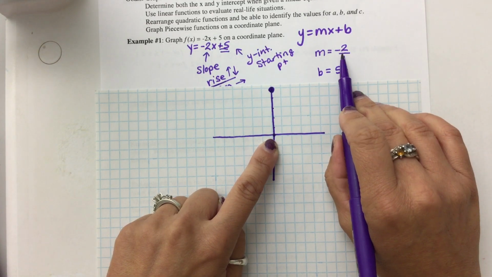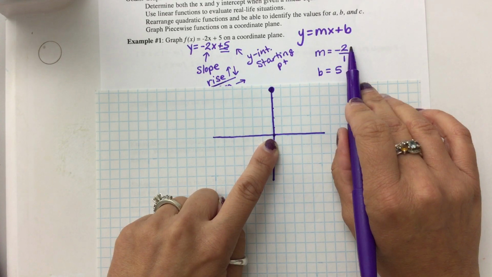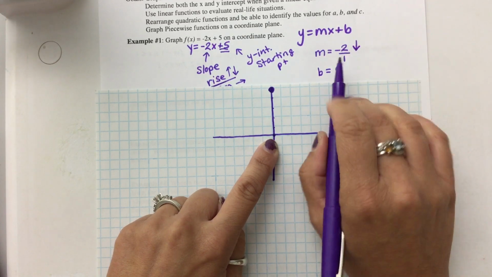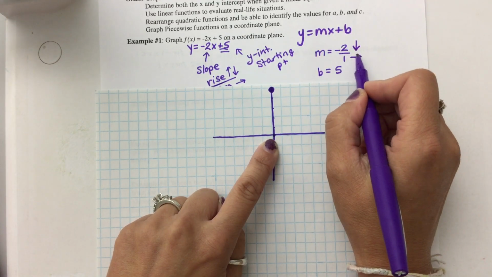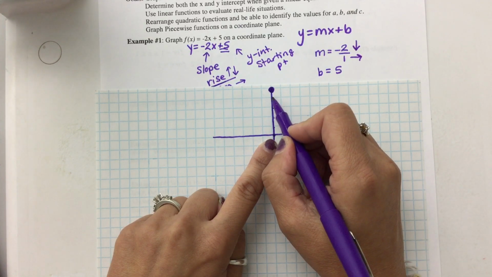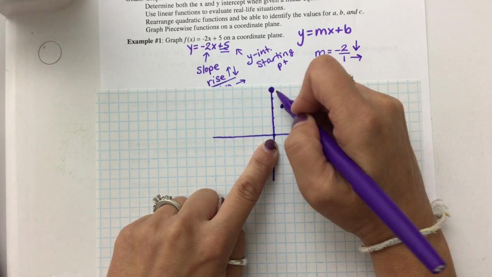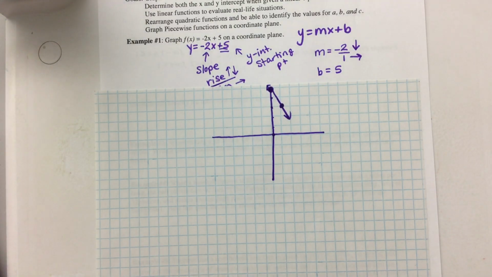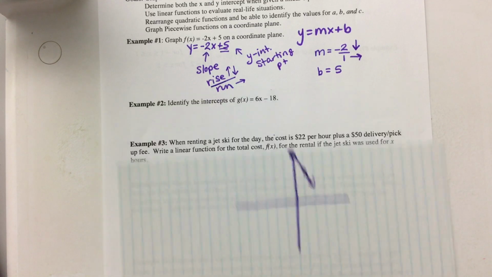So to find my second point, I'm using the slope, which is -2. I put a 1 underneath it because now I can say I go down 2 because it's negative, and I go to the right 1. So down 2 over 1, there's your 2 points, connect your points, that is the line. So that's what example 1 is making sure you remember how to do.